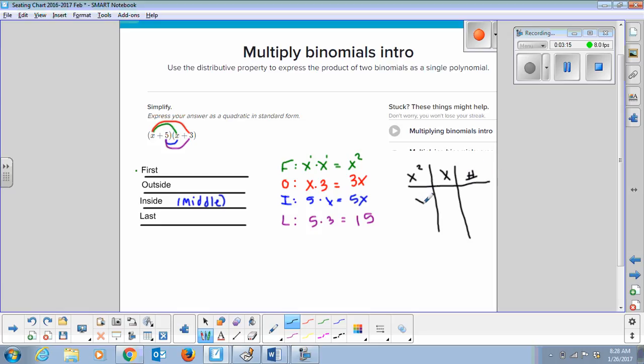So all we have is x squared. We have 3x and 5x and 15. So all together, my final result should be x squared plus 8x plus 15. Okay, so I just combined these.